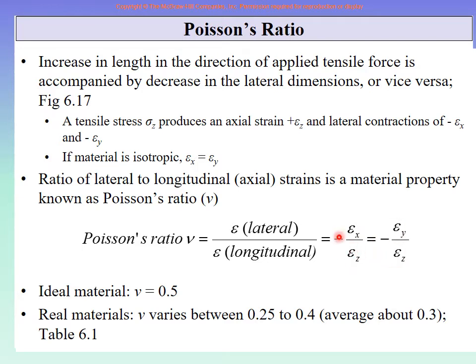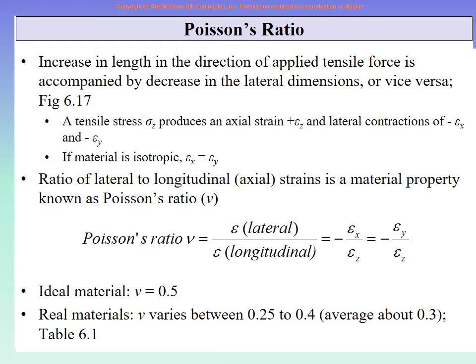Why is this minus sign there? Anybody think? Why is there a minus sign in this? Yes, you are right if you have guessed it correctly, because if epsilon z in the longitudinal direction is increasing, the length is increasing, but the lateral dimension x or y is decreasing.